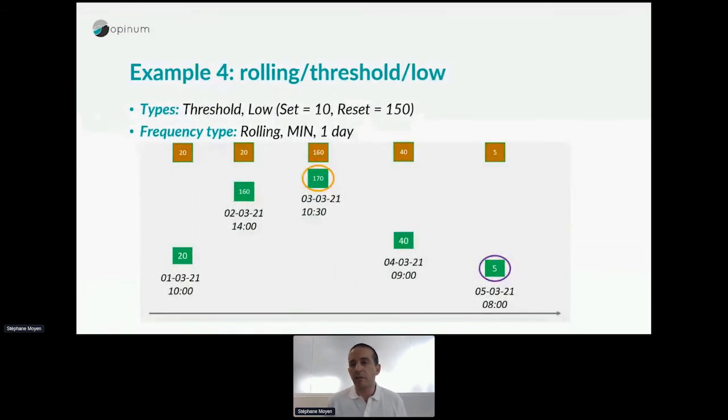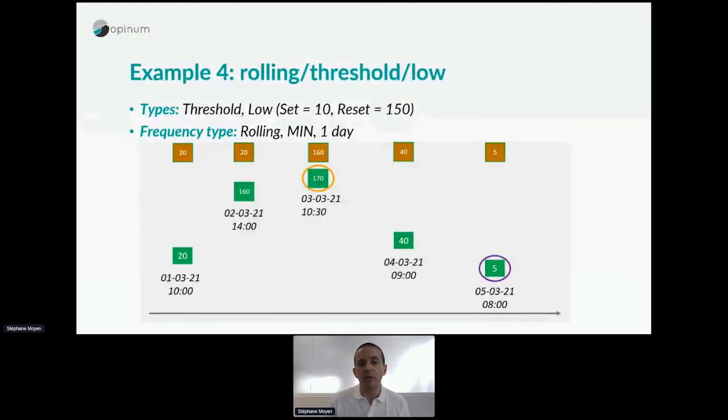A fourth example here is the same type of rolling alarm, but with a low type alarm and a different type of aggregation. Here we have an aggregation on the minimum value over the past day. The principle is exactly the same.